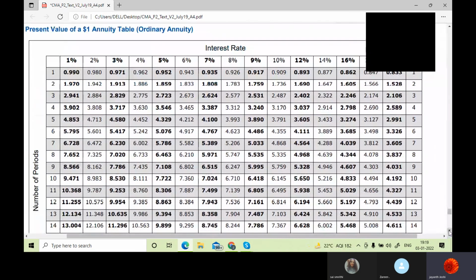For 5 years, it lies between 3.791 and 3.890, that is, between 9 and 10%, because 3.846 is bigger than 3.791 and smaller than 3.890.